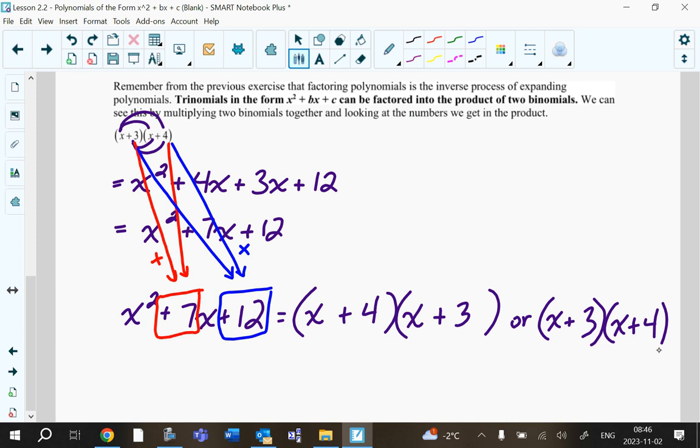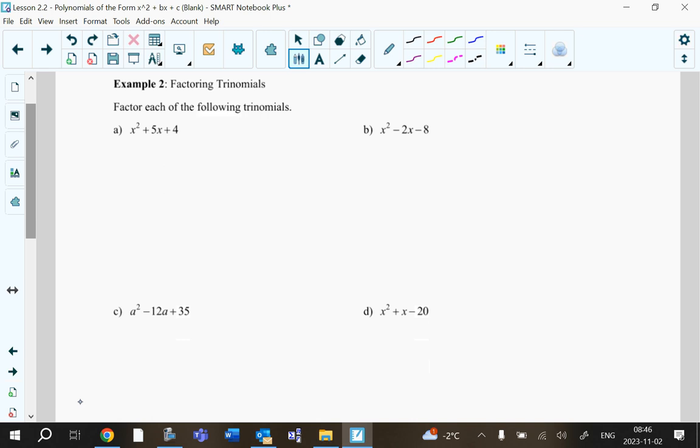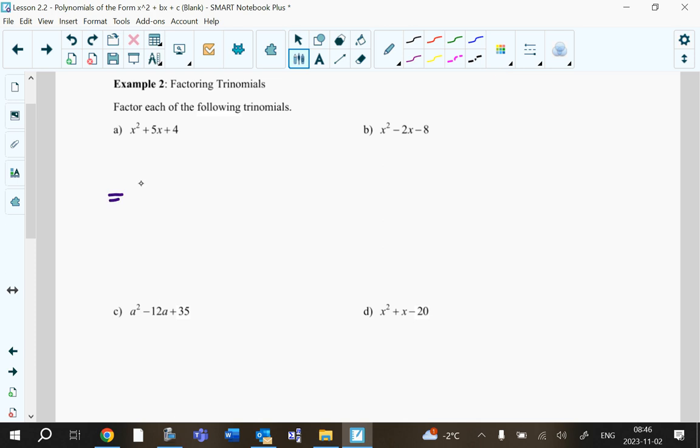So here, when I see these, the first thing I'm going to do is say, okay, I know the two that I'm multiplying are going to be binomials. I know the first two terms must be x and x.